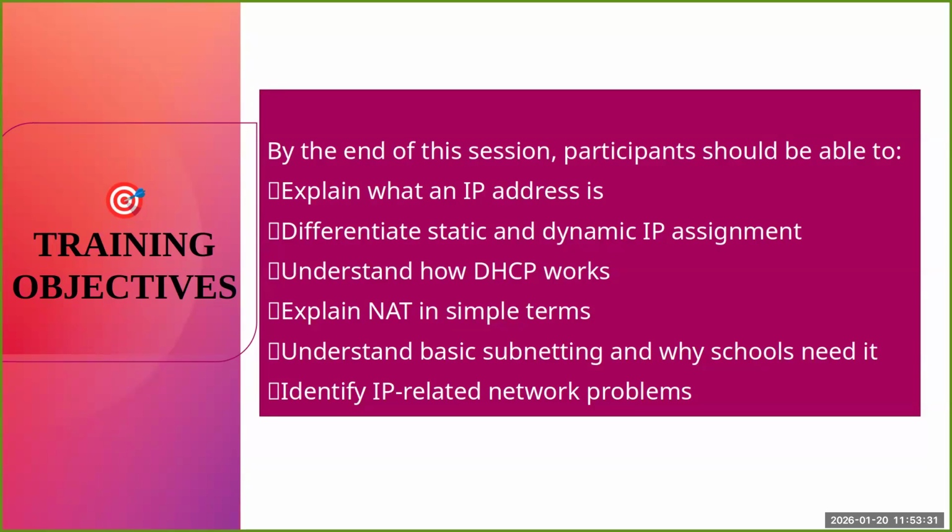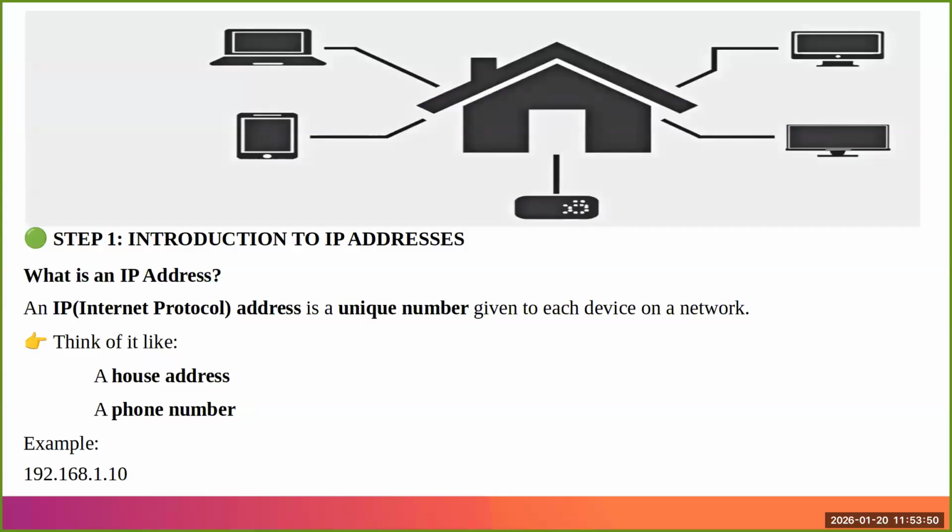Then identify IP-related network problems. If the problem is IP-related, you know how to identify it, you know how to address it. So that's why we put the objective, we'll go through the training, and we'll see how to identify related problems. So can we move on now?